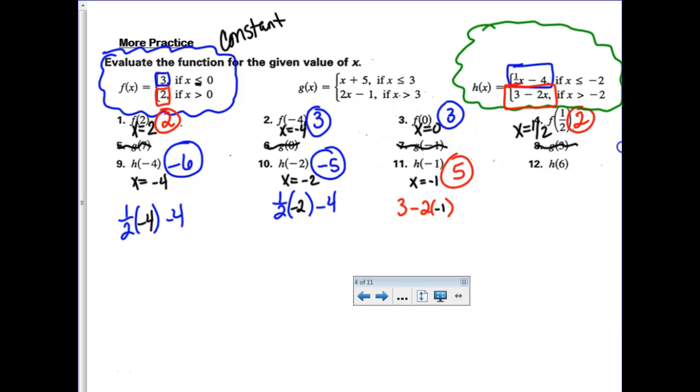And then what if I'm plugging in x equals 6? Are we using top function or bottom function if x equals 6? Definitely greater than -2, so using our bottom function, 3 minus 2 times 6 is 3 minus 12. So what is that, -9?